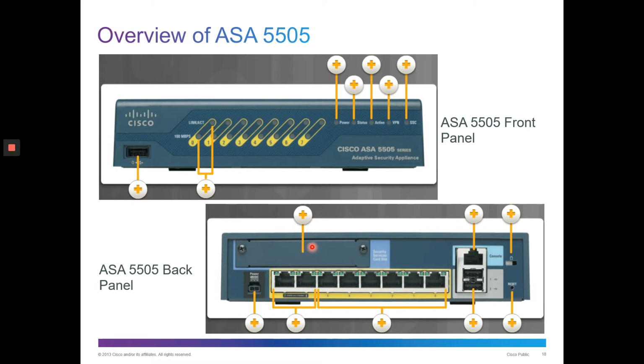This one provides you, if you want to add external security services, it's called an SSC card, and you can install that into your firewall. This is mainly used for virtualization. When you talk about LANs, you can implement them through these Ethernet ports.